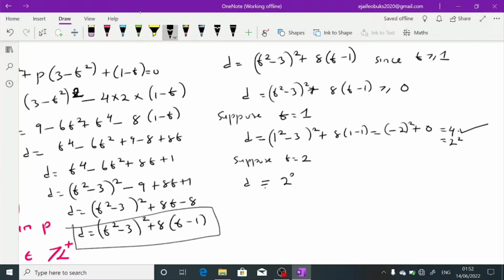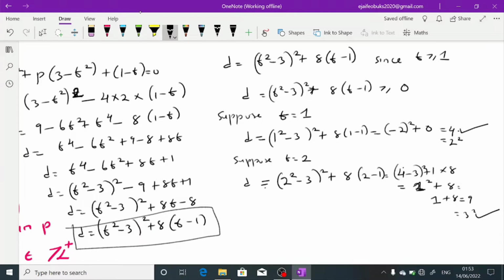This is 2 squared minus 3 all squared plus 8 times (2 minus 1). This is (4 minus 3) all squared plus 8, which is 1 squared plus 1 times 8, which is 9. This also works.